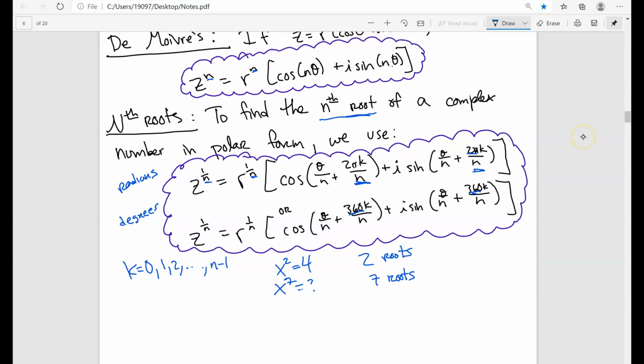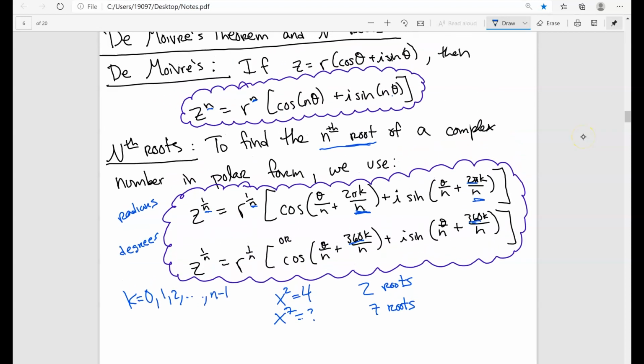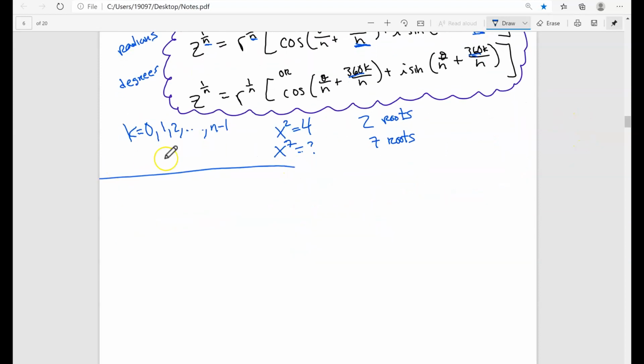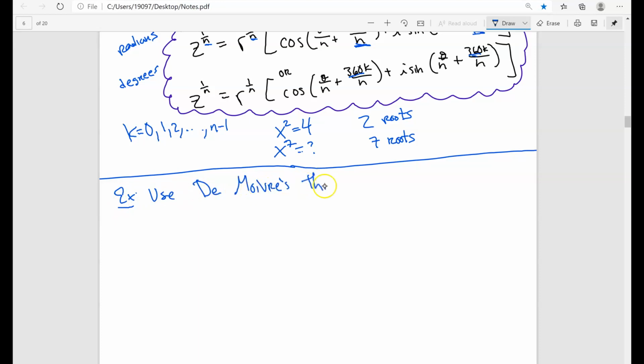All right, so let's first start off with De Moivre's theorem, and then we'll do the nth root. Let me give you this example. Use De Moivre's theorem to find the following.